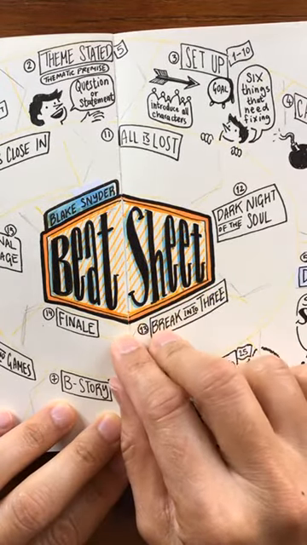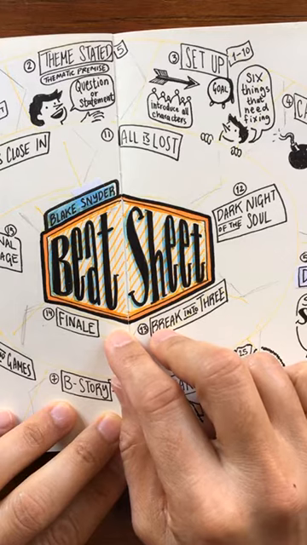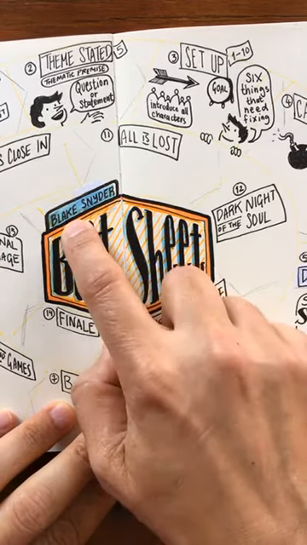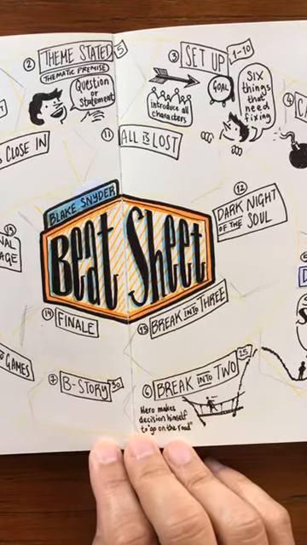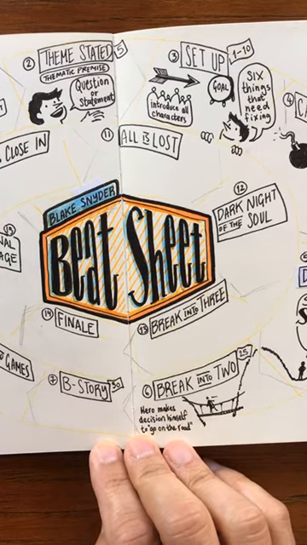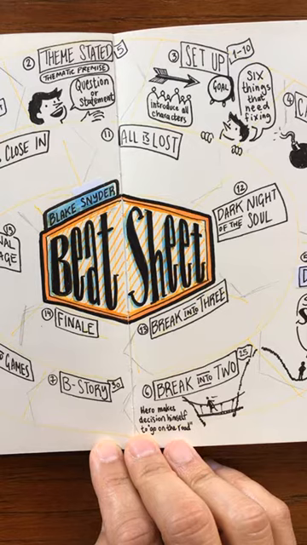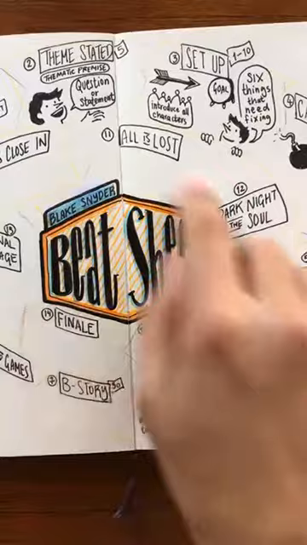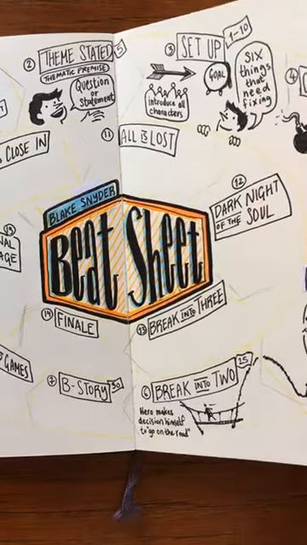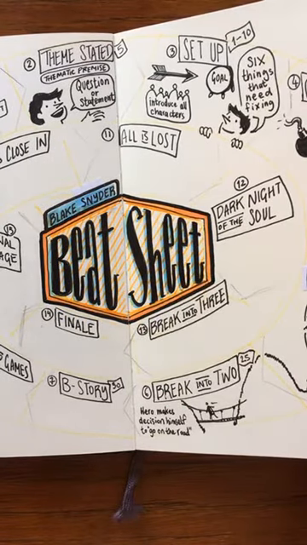This is from a book by Blake Snyder, who wrote about a method he came up with on how to design a script for a movie, a screenplay. And this is his whole method, the various steps that he goes through.